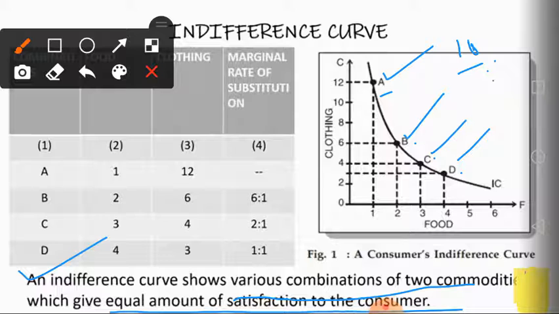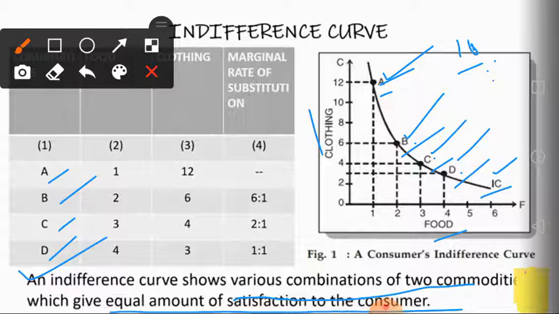We can again see in this IC curve, IC means indifference curve. There are two goods, food and clothing, and we have different combinations such as A, B, C, D, and every combination is giving us the same level of satisfaction. That is why the curve is called an indifference curve.